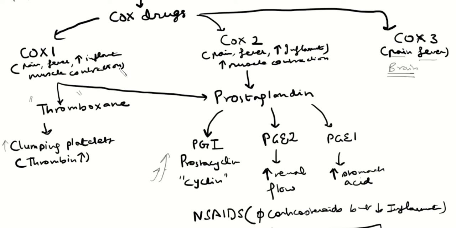Something that inhibits both Cox-1 and Cox-2 would inhibit thromboxane and prostacyclin with Cox-1, and prostacyclin with Cox-2. So it's going to inhibit thromboxane once and prostacyclin twice, right?